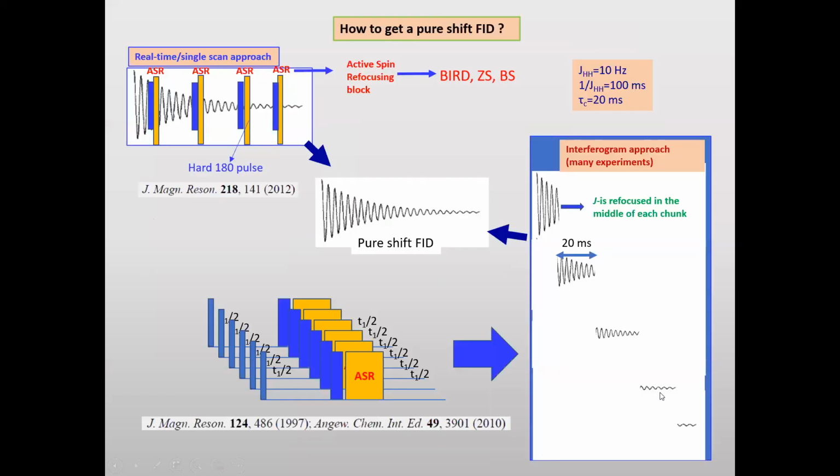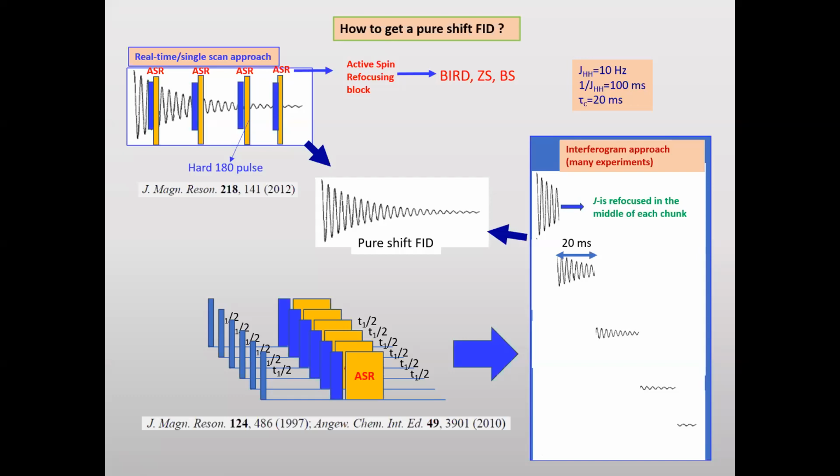So how do we get a pure shift FID? For example, if this is the pure shift FID in the middle of the slide, there are two ways to get it. The first one, on the left, is the real-time single scan approach. Here the FID is periodically interrupted by the application of an active spin refocusing block.